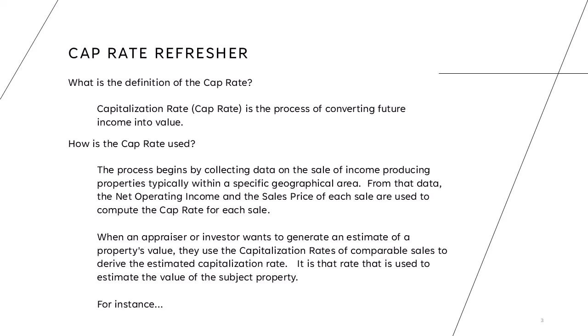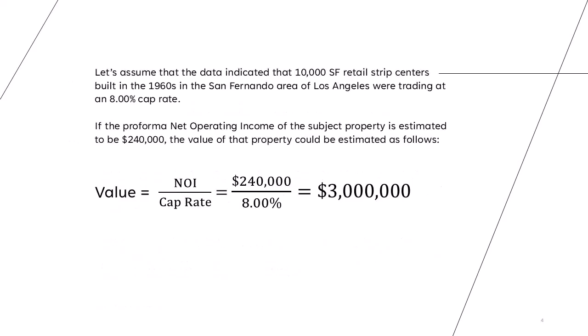For instance, let's look at this. Let's assume the data indicate that 10,000 square foot retail strip centers in the San Fernando Valley area of Los Angeles, built in the 1960s, are trading at a cap rate of 8%. If the pro forma net operating income of the subject property is estimated to be $240,000, let's convert that to value.